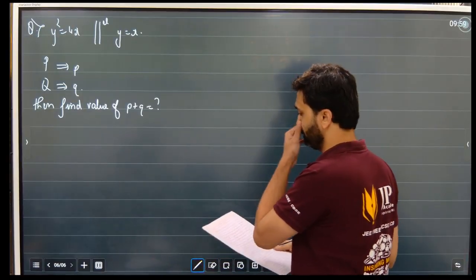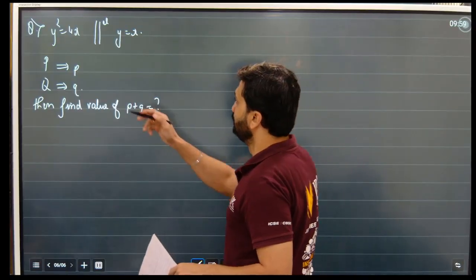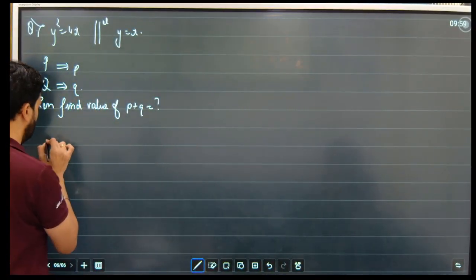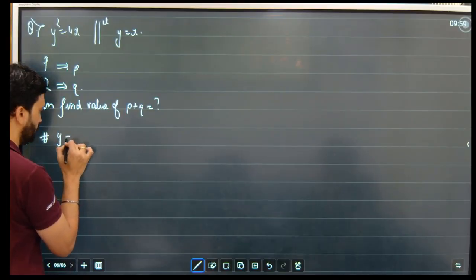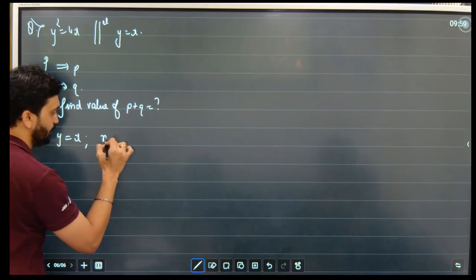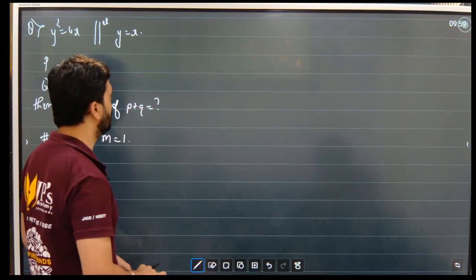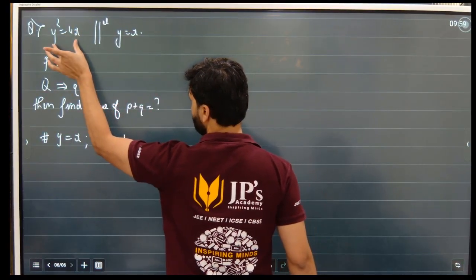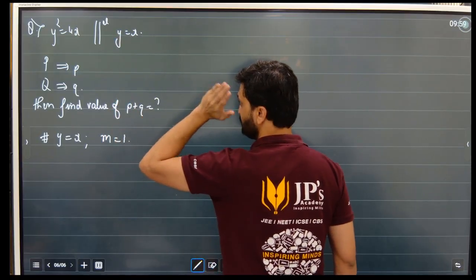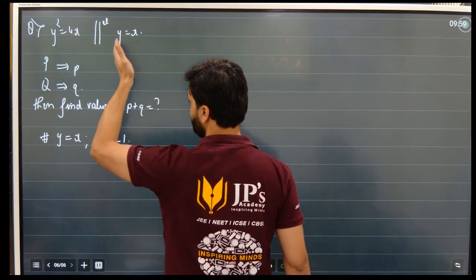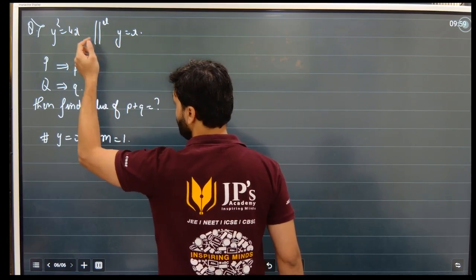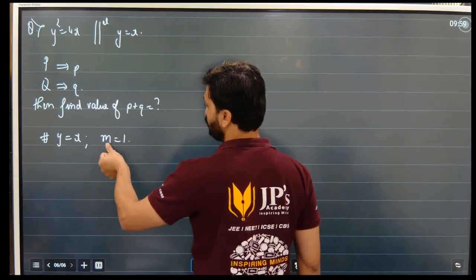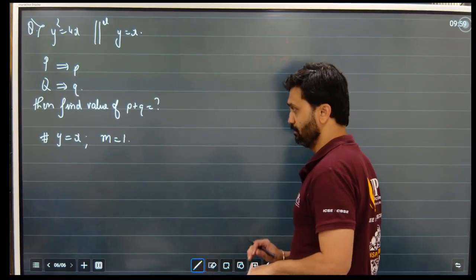Now, a variable chord of the parabola is parallel to y is equal to x. First of all, if the line is given as y is equal to x, I know that the slope is equal to 1. Now the chord is parallel to y is equal to x, and since they are parallel, I know that the slope of the chord will also be m is equal to 1.